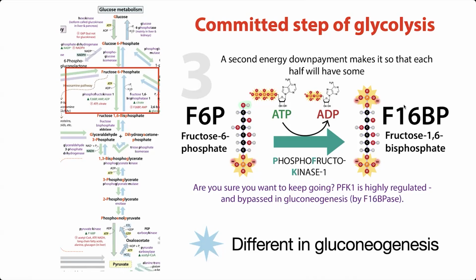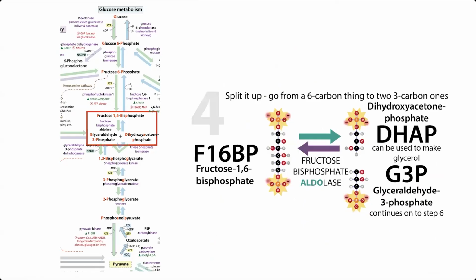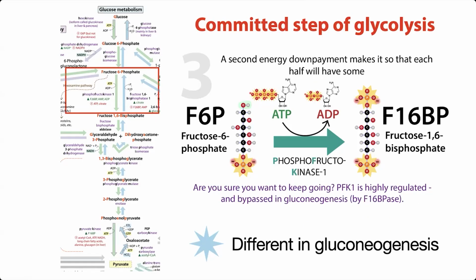So we've got this F16BP, this fructose 1,6-bisphosphate. And again, before we had more fates, but now we're thinking about glycolysis. If you're wondering, why do we phosphorylate the second end? Well, let's think about it. Even if we were to break this molecule in two, each part would have a phosphate group.